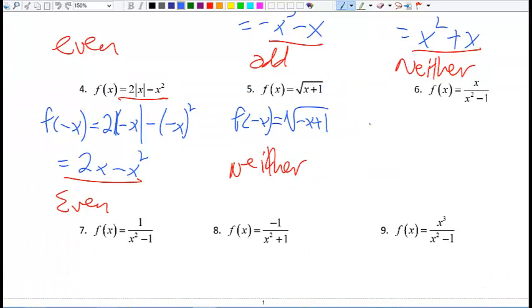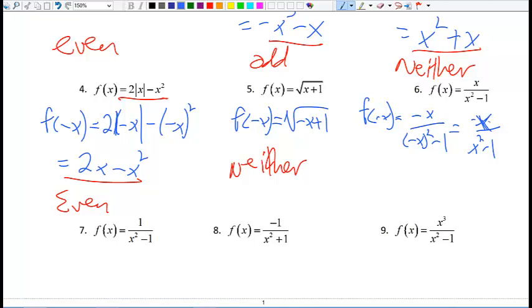Okay, with this next one, when we replace x with negative x, we get negative x in the numerator and negative x squared minus 1 in the denominator. Now let's talk about the denominator for just a second. With x squared minus 1, we're always going to get a positive number in that denominator. However, the numerator is the exact opposite of the original numerator.